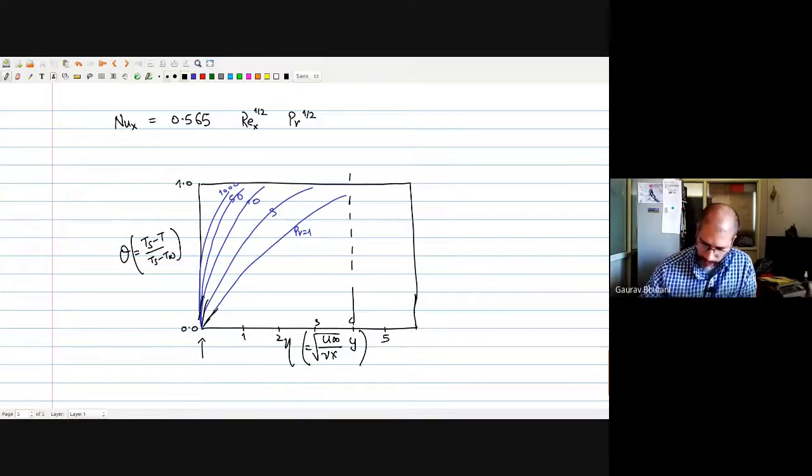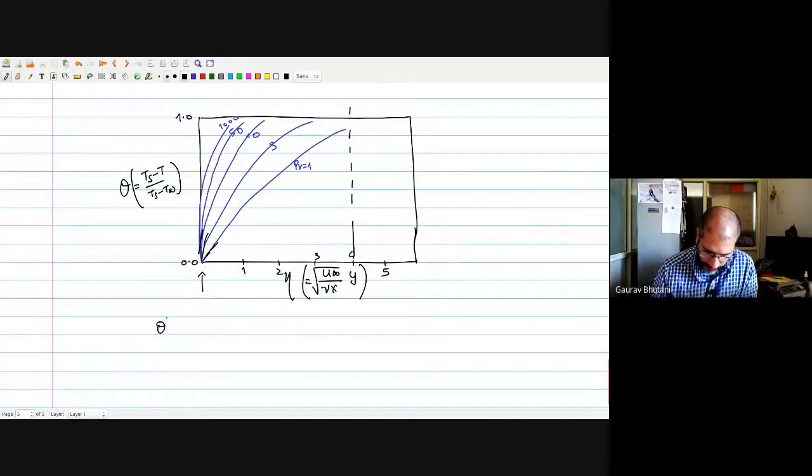This makes sense because mathematically our theta prime of 0 was proportional to Prandtl number to the power 1 by 3. This is for all Prandtl number values greater than 0.5, so our first expression is applicable. Theta prime increasing means that we have more rate of heat transfer. The rate of heat transfer increases as you increase your Prandtl number values.